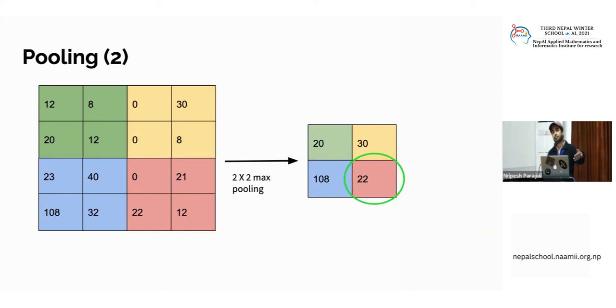To give an example, let's say you're trying to detect dogs or cats. Well, if your dog has shifted a little bit, it's still a dog. It's not that it's not a dog anymore because it's in a different location. So your classifier should be translation invariant. And this operation really helps with that, because your activations have moved around a little bit, but you're still getting the same output.